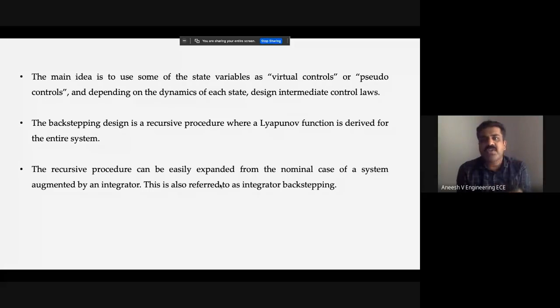Based on this virtual control, we stabilize the system, and we continuously stabilize each subsystem, coming to the outer system. This is the recursive structure. It is also known as integrator backstepping. So the terms backstepping controller and integrator backstepping are the same concept and the same structure.